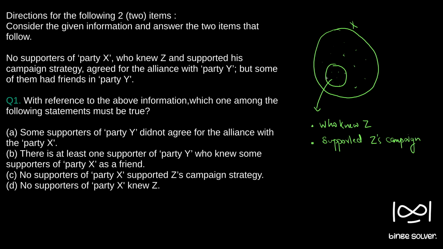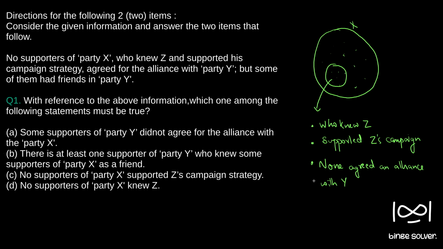So if there is a subset like this who knew Z and supported Z's campaign, we know that none in that group agreed to an alliance with Y. So this is the information given.